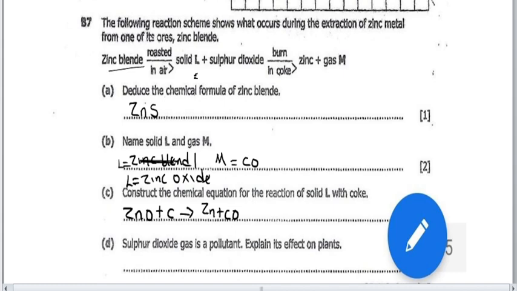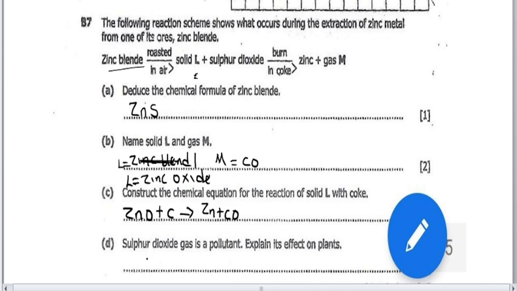So what are the effects of sulfur dioxide gas? The effects are that it is going to form acid rain, and acid rain destroys crops. It slows down the growth of plants. So this sulfur dioxide is an acid. It can dissolve in water to form sulfuric acid.